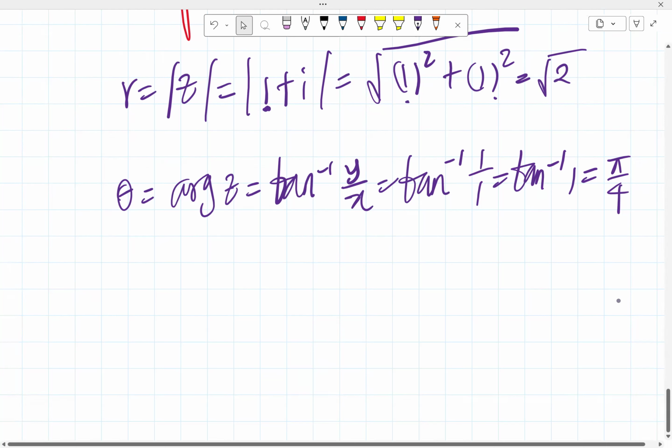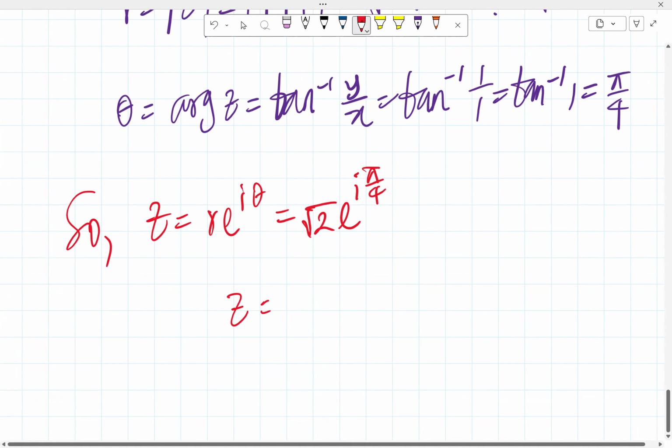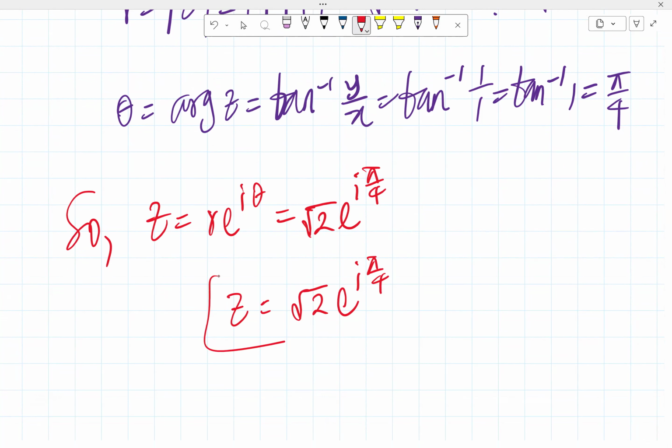So we can say that z is root 2 e raised to the power i theta, where theta is pi over 4. That's it in polar form. So we have z equals root 2 e raised to the power i pi over 4.